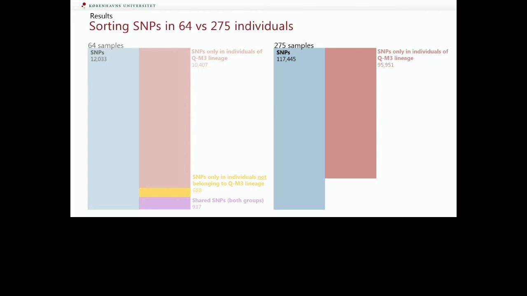And then for all of the individuals, we looked at 96,000 of the 118,000 SNPs that were found only in individuals of the QM3 lineage, 11,500 only in individuals that do not belong to the QM3 lineage, and then 10,000 that were shared by both groups.